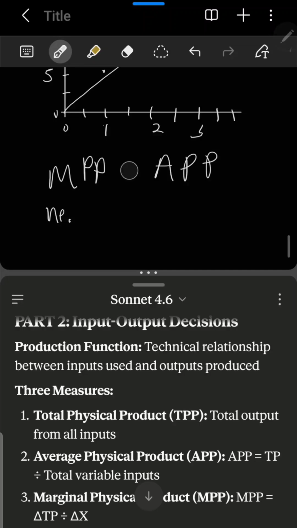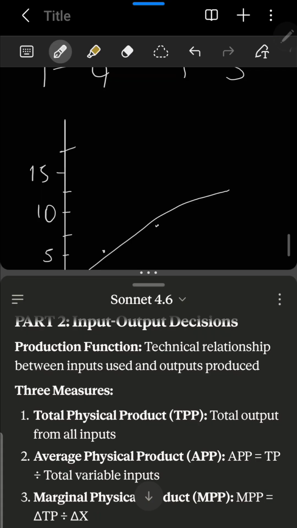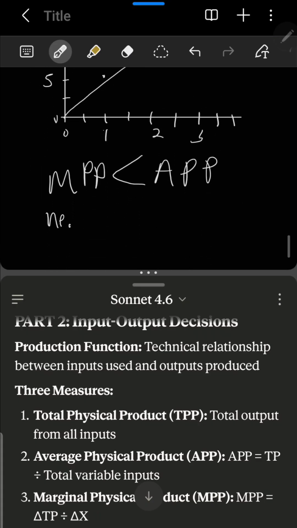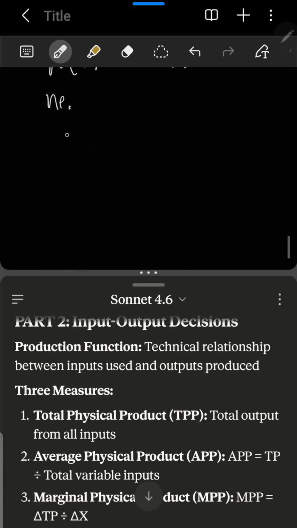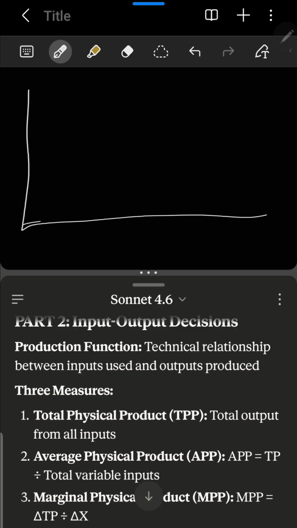When the marginal physical product is less than the average physical product, the first stage is this one. But then there's a point it reaches and it is now reducing, negative. Meaning that if you add more fertilizer, the yield keeps dropping. So that gives us the 3 stages: first increasing, then flatline, then declines.